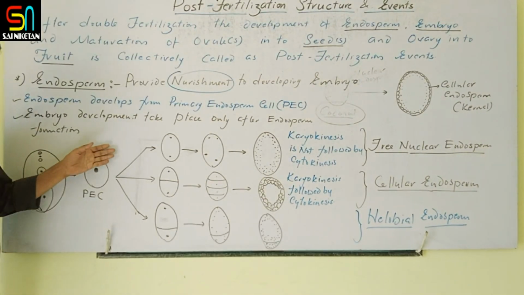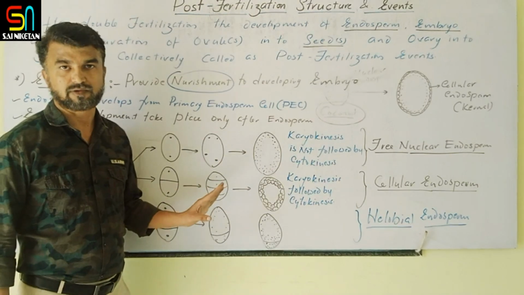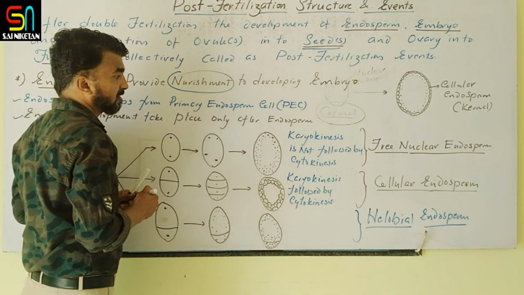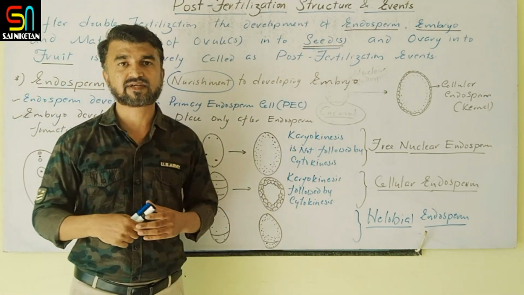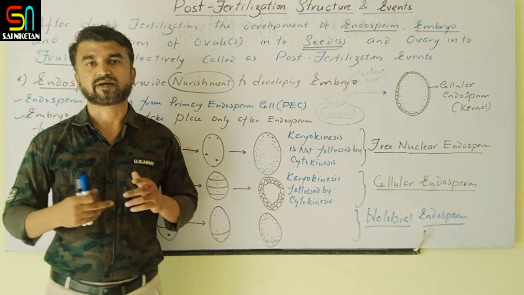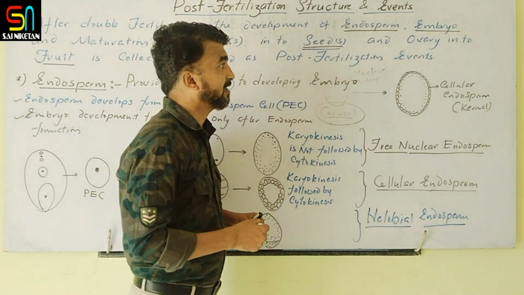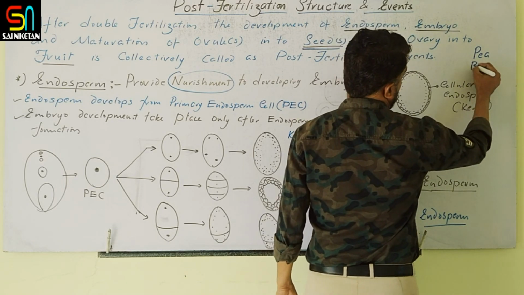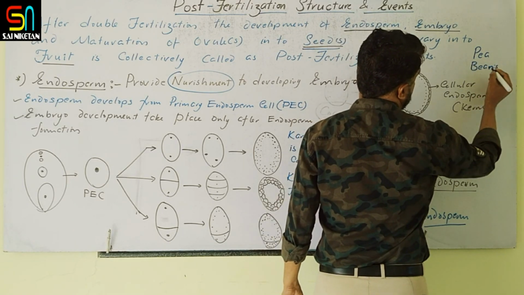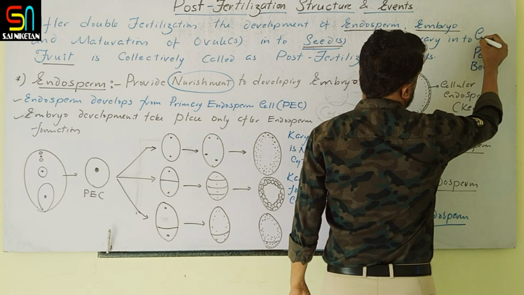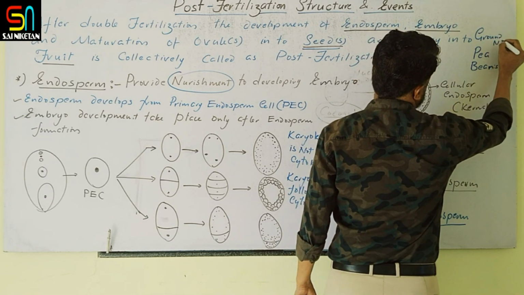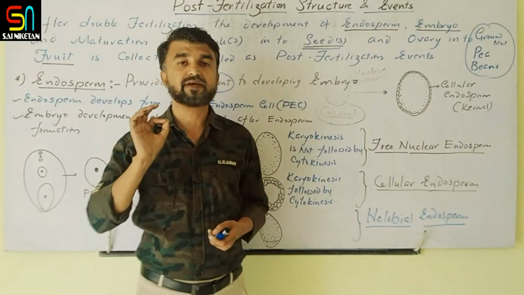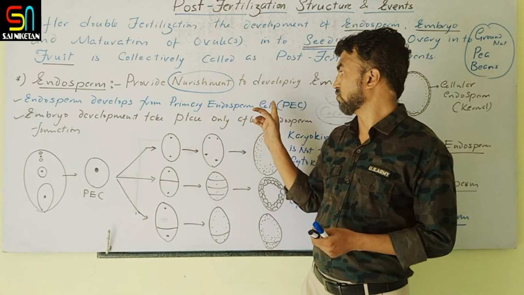The major question is whether the endosperm is completely utilized or not. When you take mature seeds, in some seeds the endosperm is still present, and in some seeds you can't find endosperm. For example, in peas, beans, and groundnut, the endosperm is completely utilized by the developing embryo.